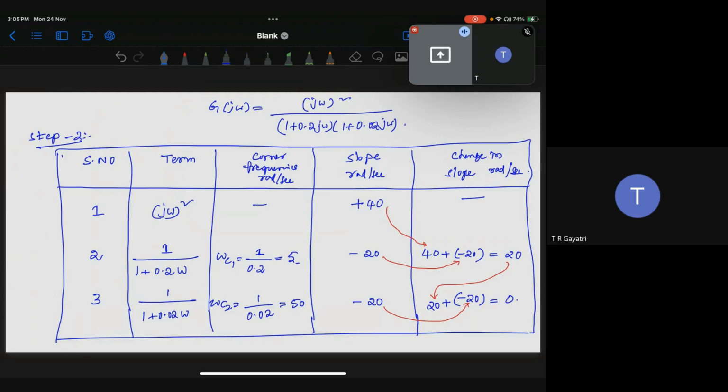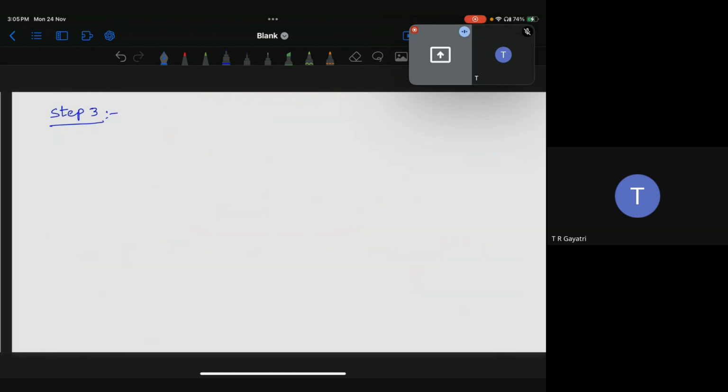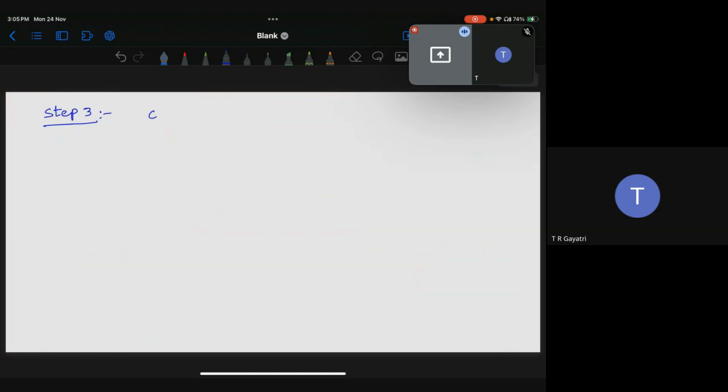We will choose another frequency which is very far from 5, a low frequency, such that we choose the lower frequency ωL less than ωC1. Here ωC1 is 5 radians per second.